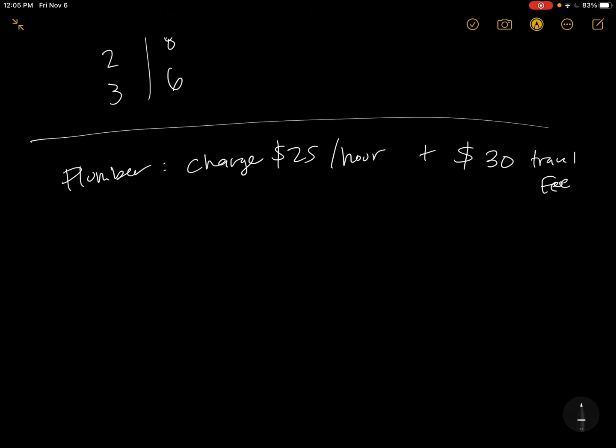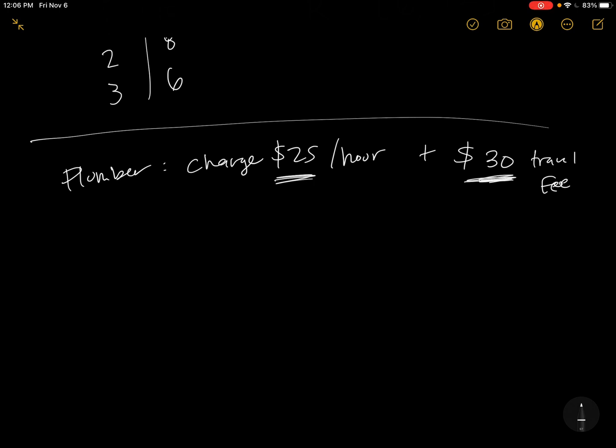So it doesn't matter. Maybe you go to someone's house and it takes 5 minutes. It doesn't matter. You're going to always just charge that $30, right? You went there. You charged $30. Maybe you just unclogged someone's sink. It was super easy. Or maybe it took you the whole day.